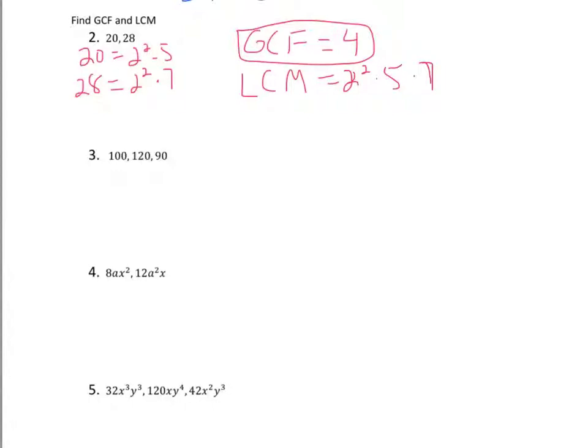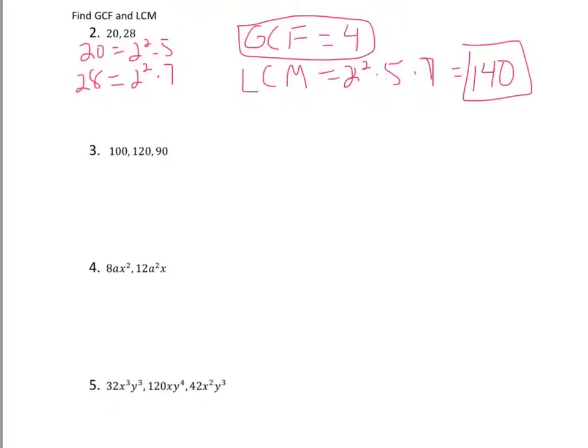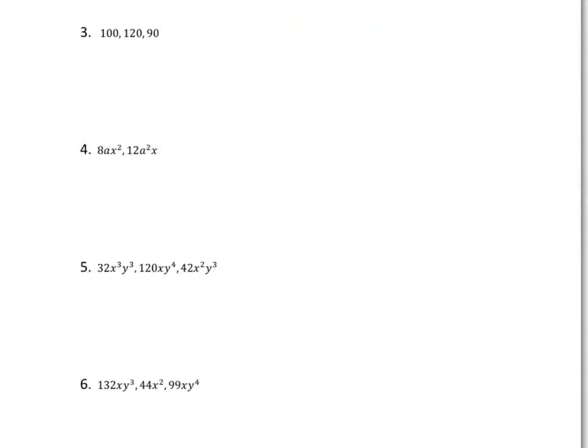Well, I guess we could do 4 times 5 is 20. 20 times 7 is 140. Okay, so the greatest common factor for those two is 4. Least common multiple, 140.